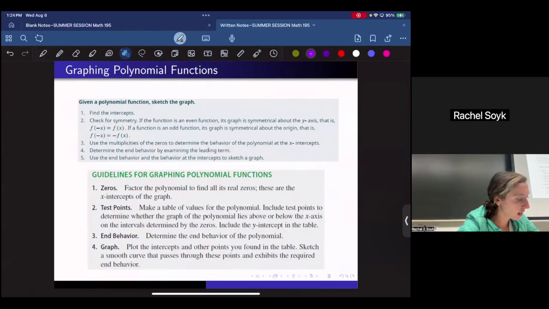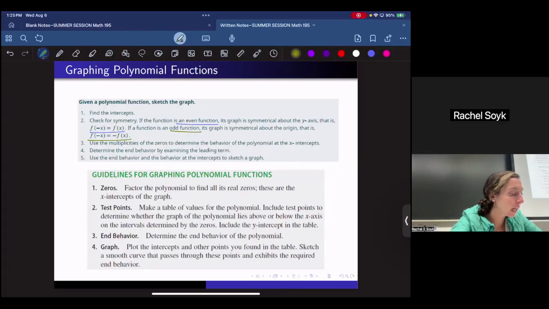So this is graphing polynomial functions, and we're bringing back our knowledge of even and odd functions, which once again is not the same as even and odd degrees. Even functions is when we have f of -x equal to the original function, whereas an odd function, we have f of -x equal to -f of x.